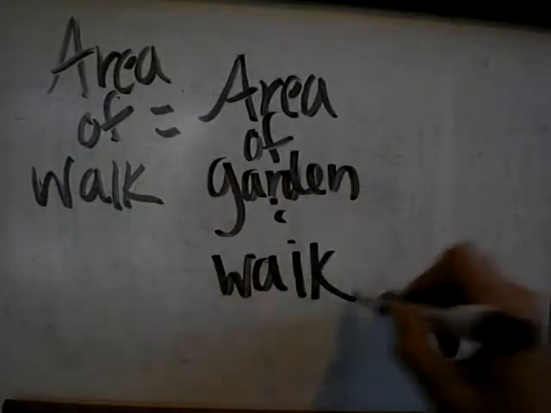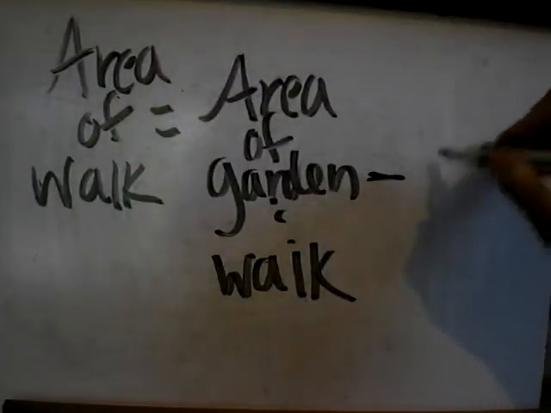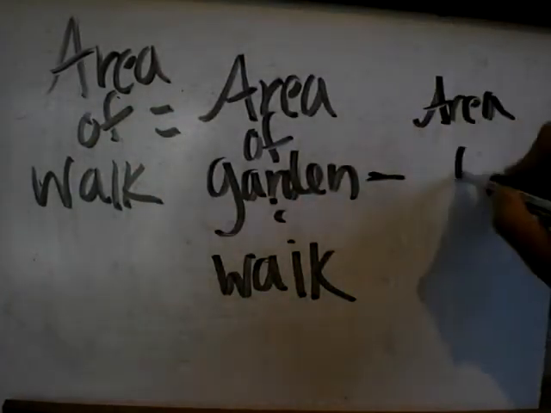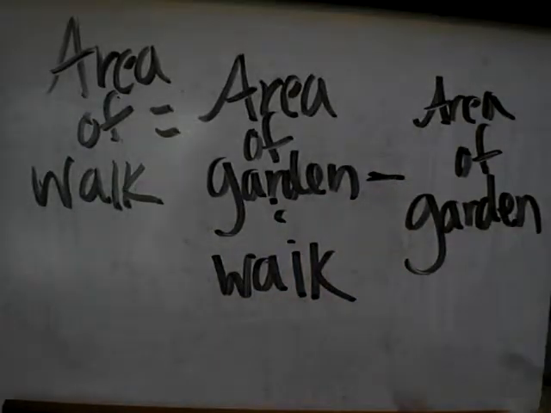So I like to say that big rectangle, minus the area of the garden. I would write this down. So big rectangle minus small rectangle. We'll come back to that later.